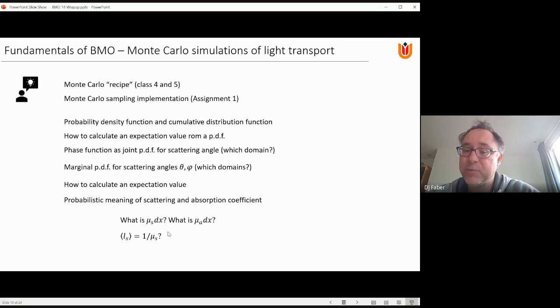Likewise, the product μa times dx is the probability of an absorption taking place in a small interval dx. And it also allowed us to define the mean free path. So the step size, basically, if you think back to the Monte Carlo simulation, the mean step size between scattering events is 1 over the scattering coefficient.